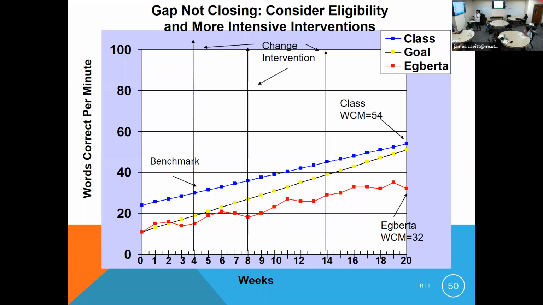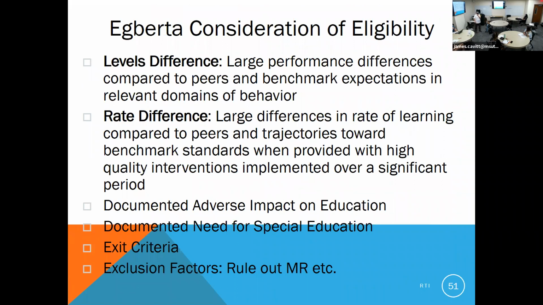This is what we see with Egberta. We changed the intervention here. She's still not making progress. We made some modifications. She's still not making progress. So we see here, at this point, after the 20 weeks, we're going to make a referral for an FIE. Make sense?